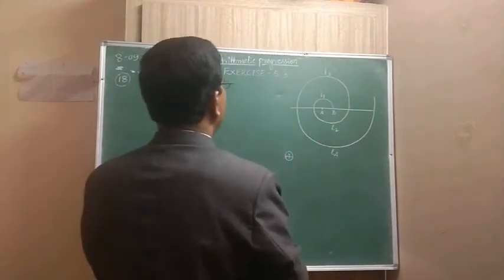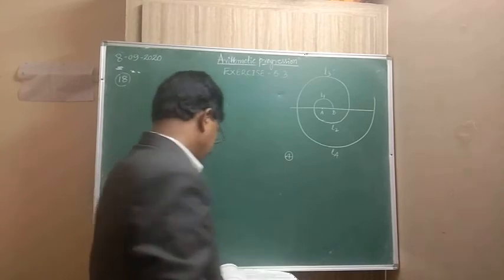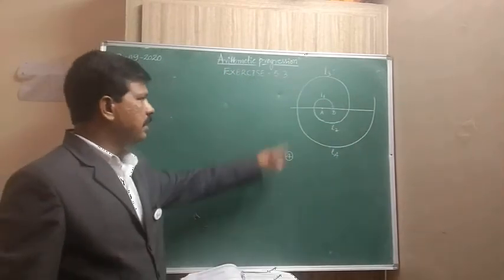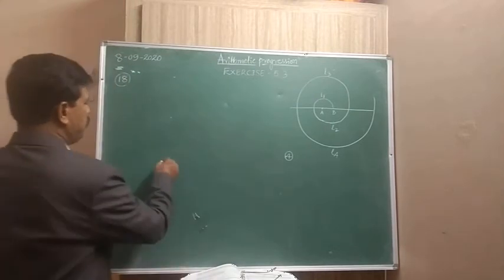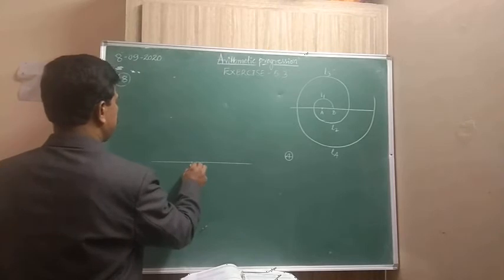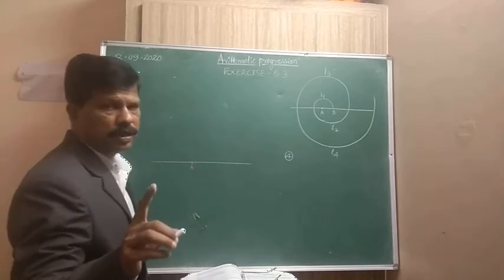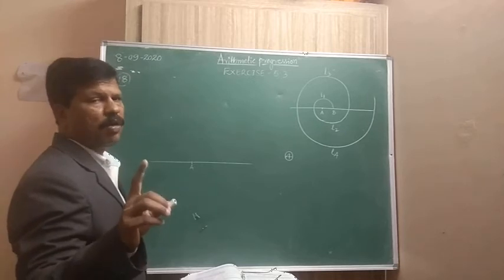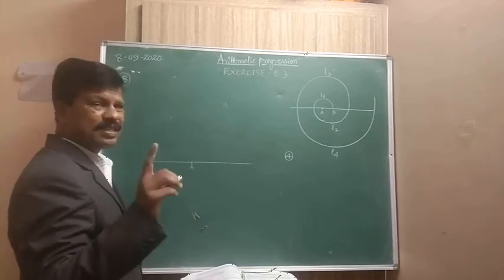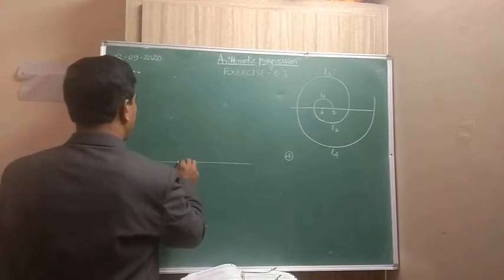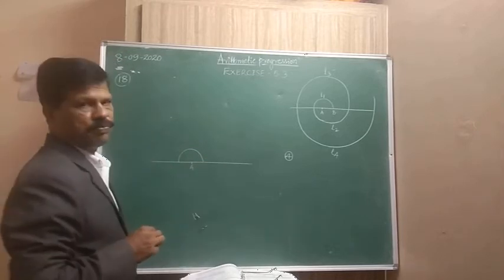Clear? Now look at this. This is the spiral. What they have given, we have written like this. Here spiral means like this. Okay. Here is the center A. First they mentioned the radii of the semicircles. So now first semicircle, the radius is 0.5 centimeter. So 0.5 centimeter radius semicircle is like this.